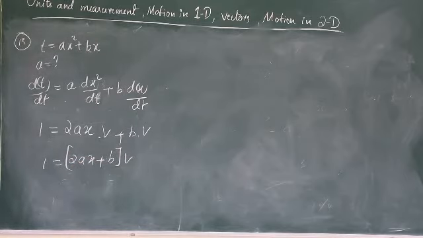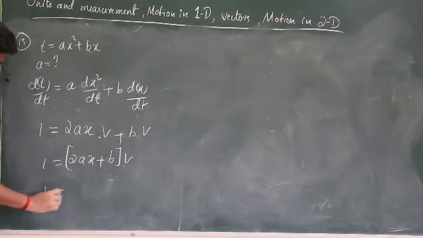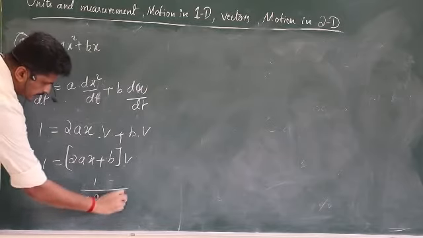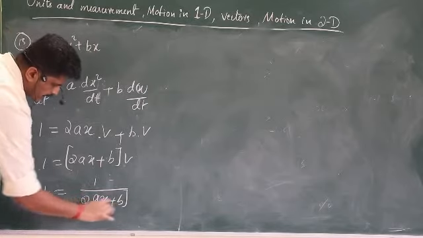Am I right? So how can we write from this? A equal to what? I don't want to directly write a, so you can go for one more step here. Right now we have terms of v, so I will take v equal to 1 by 2ax plus b.